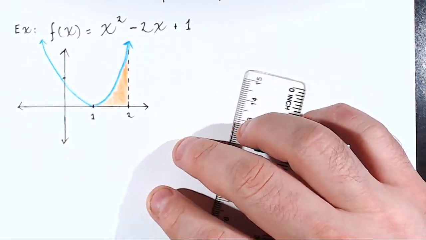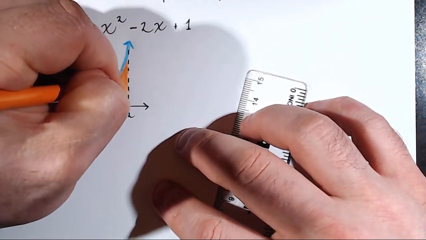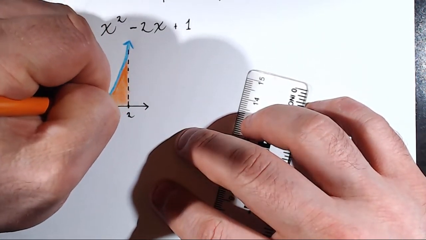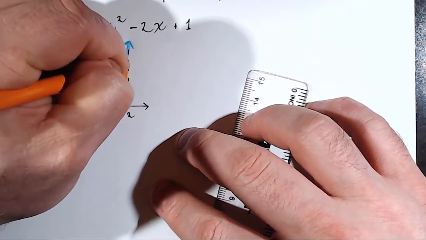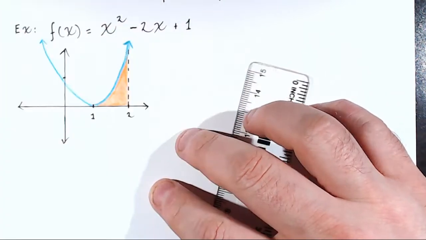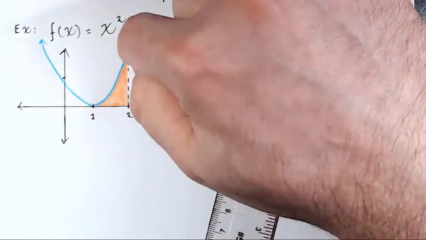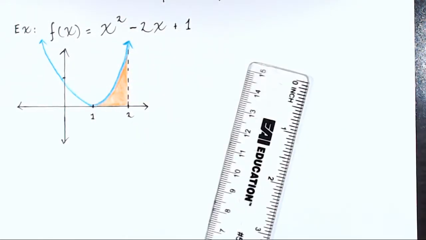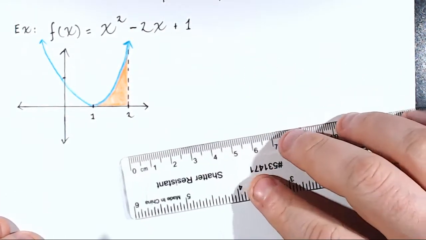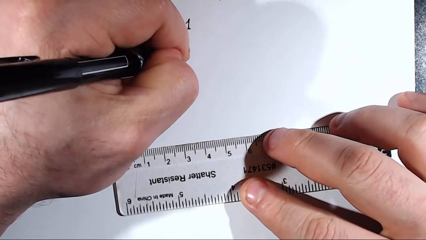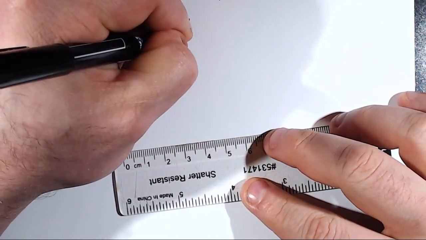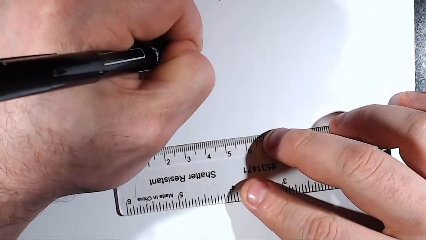Again, a task that would be impossible to perform using conventional algebra and geometry. There's just no way because the line itself curves. And so we have to take the integral from 1 to 2 of f of x in order to find the area.